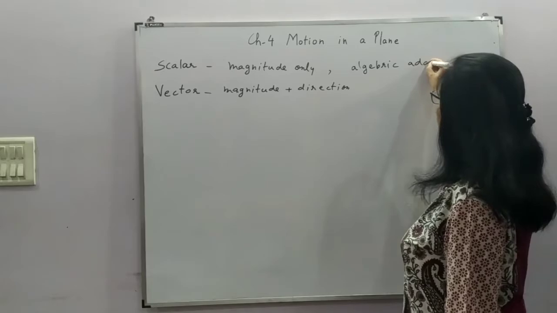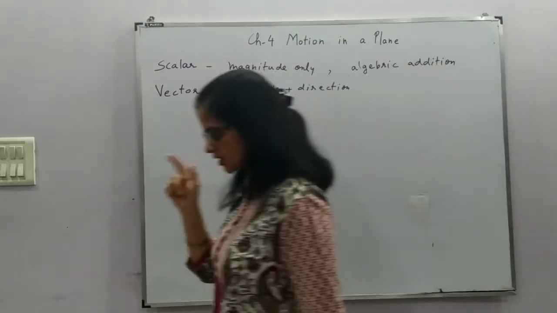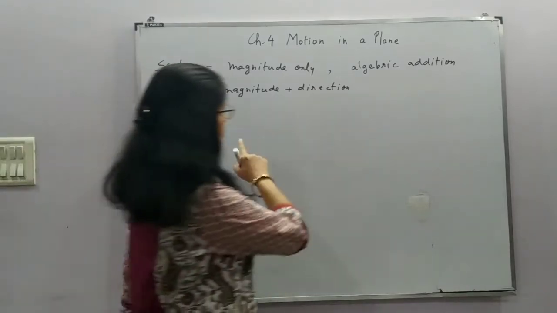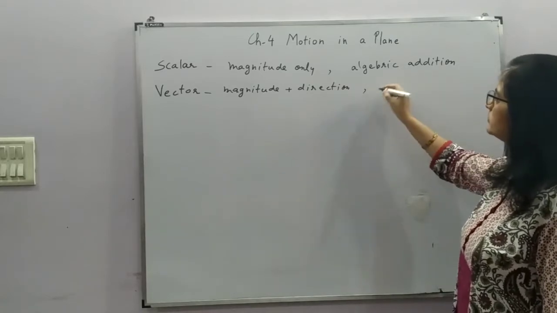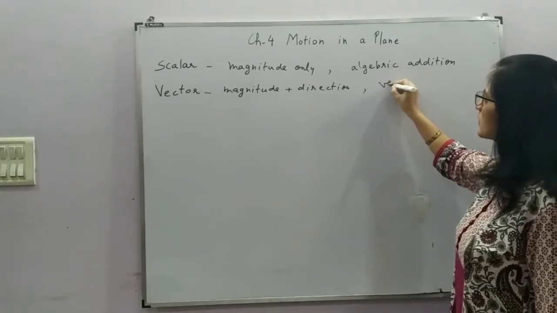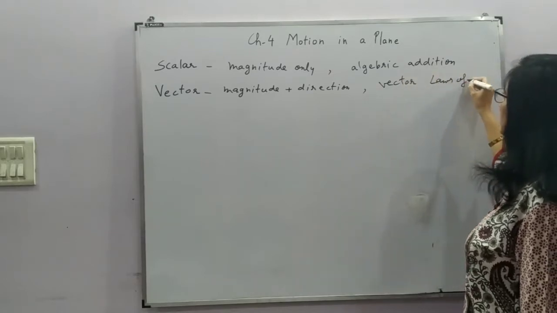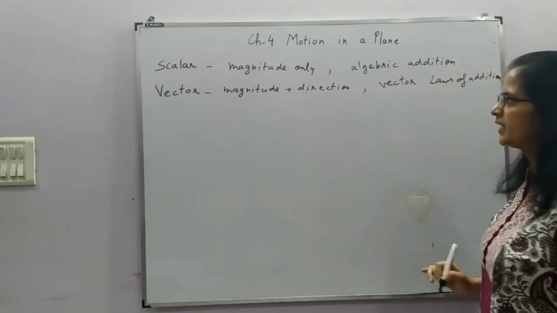But in case of vector quantities, we need to use some special rules of vector addition, right? So those we will study in this video only. So we have to follow vector laws of addition, which are applicable, right?